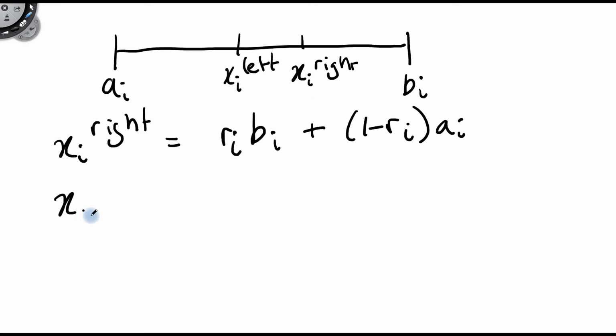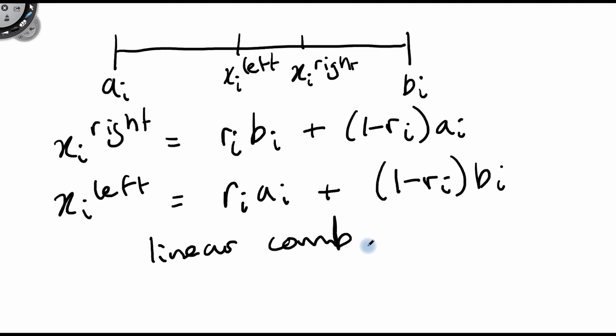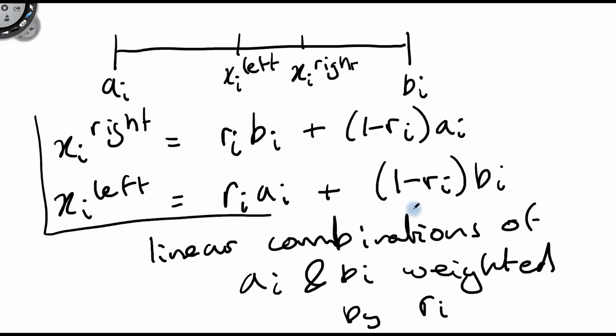And then conversely, x_i left is kind of the other way around. There's other ways of explaining this, but this is the way I find most helpful. So basically these are linear combinations of A_i and B_i weighted by R_i. Okay, so those are the two steps.